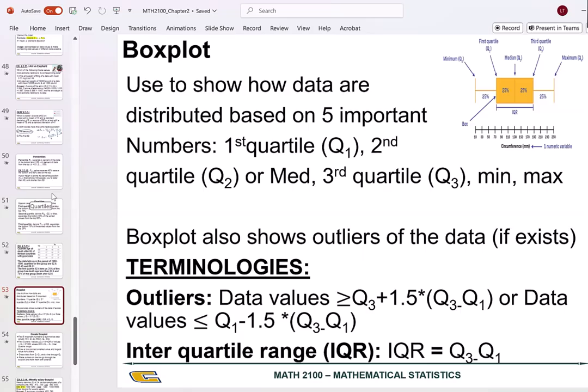We define outliers as any data value greater than Q3 plus 1.5 times (Q3 minus Q1), or any value less than Q1 minus 1.5 times (Q3 minus Q1). Q3 minus Q1 we call the interquartile range.